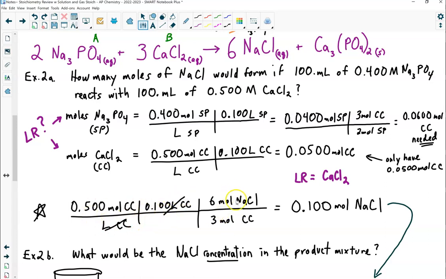And then I just use the mole ratio, 6 moles of NaCl for every 3 moles of calcium chloride from the balanced equation. I find that I would make 0.100 moles of sodium chloride given the amounts of calcium chloride and sodium phosphate in this problem.